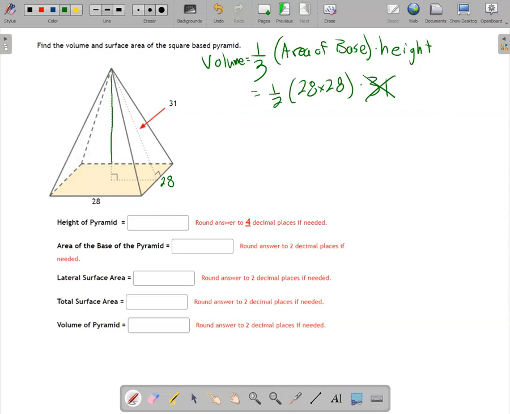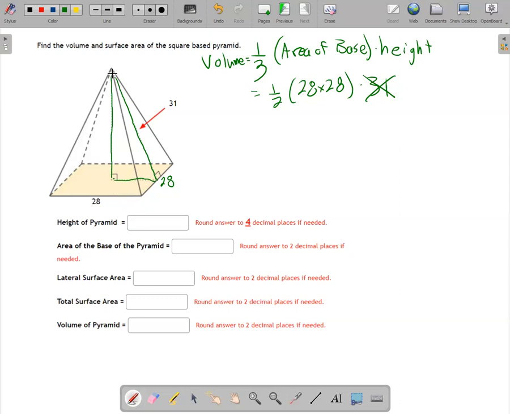I have this inner right triangle drawn with the dotted lines there. And what do I know about that triangle? Well, I know the hypotenuse here is 31. And since that right angle is here, this is a right pyramid, meaning the vertex is above the center of the base.